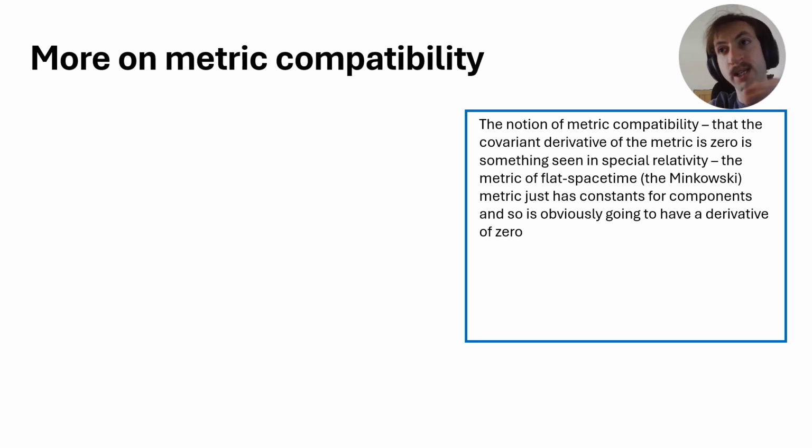So at least in Cartesian coordinates, it had constant components. So it would be natural to say, well, the derivative of the metric in special relativity, so the derivative of the Minkowski metric, a physically meaningful derivative, should equal 0. Because the metric isn't changing anywhere.